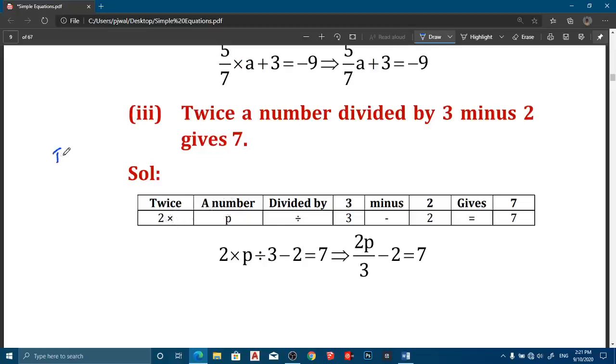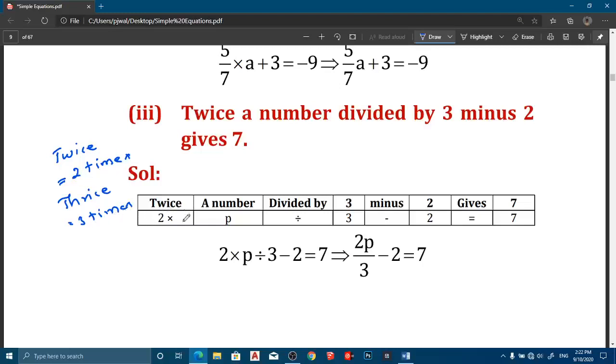Remember that twice is equal to 2 times. Thrice, T-H-R-I-C-E, means 3 times of a number. You remember it. 4 times they will write directly as 4 times only, but twice and thrice you can remember as 2 times and 3 times.